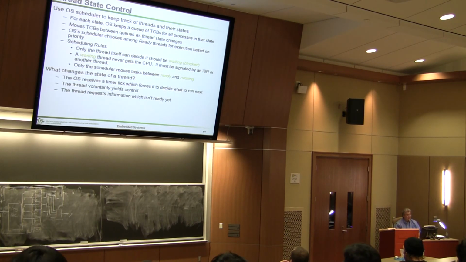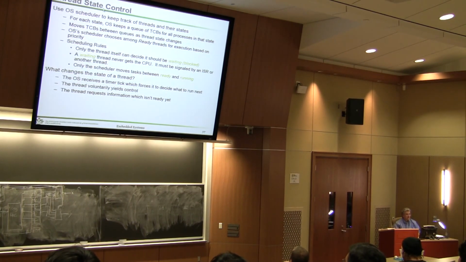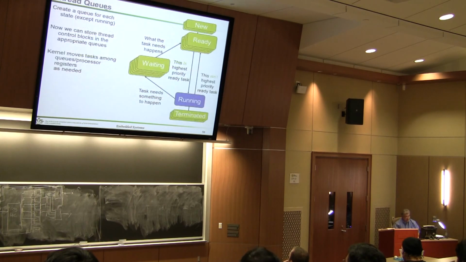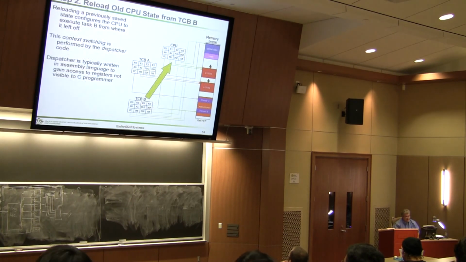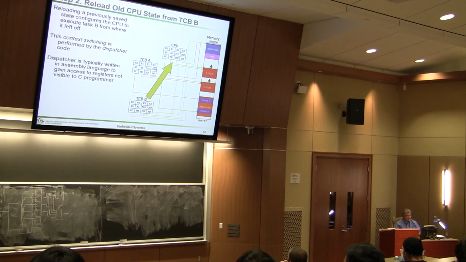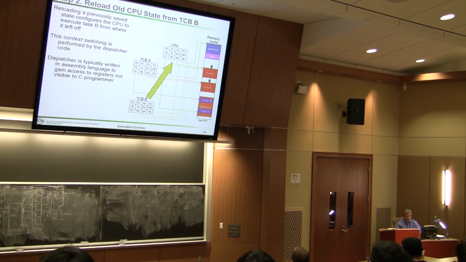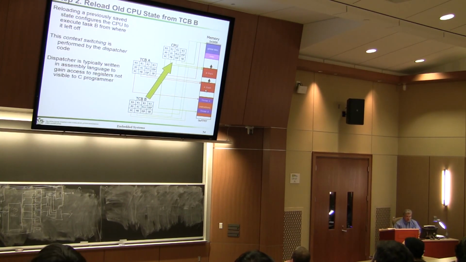So again, our thread control block, remember how I showed earlier, is the data associated with the thread that's running. Remember, the code is not changing. The data in the stack is only going to be changed by the thread itself. Thread A will only change this stack.